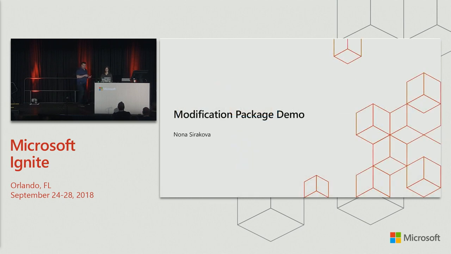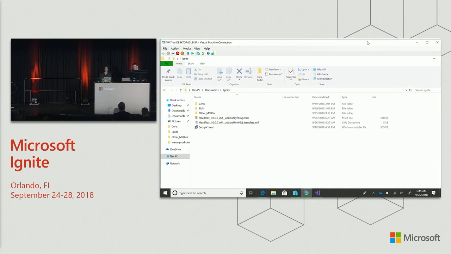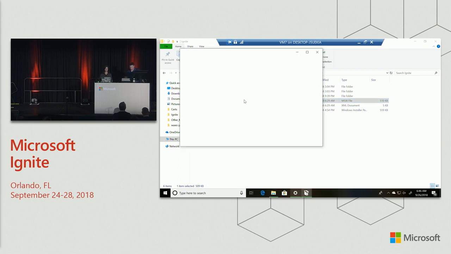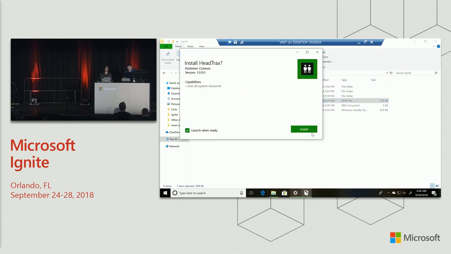So that said, let's jump over and actually show you a live demo of a modification package. All right. So you saw me creating the MSIX for Contoso's HR app. So let's start out by installing it first and check out what Contoso's HeadTracks app has to offer.